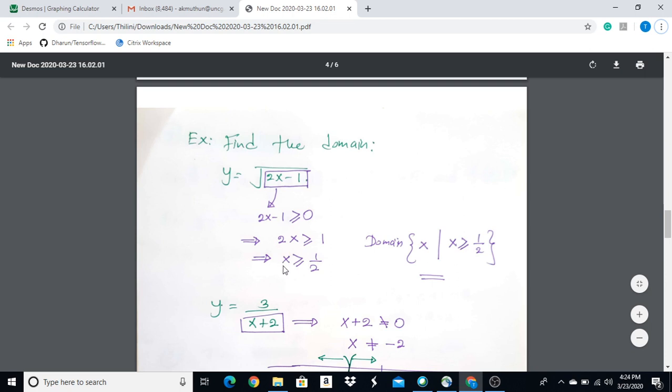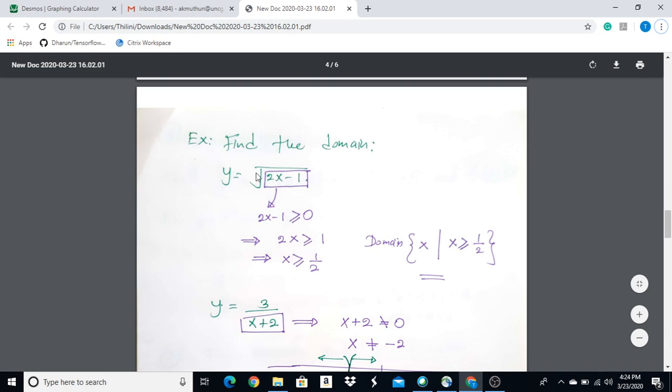So whatever x you plug in here has to be greater than or equal to 1/2. In set notation, the domain is all the x coordinates such that x is greater than or equal to 1/2.